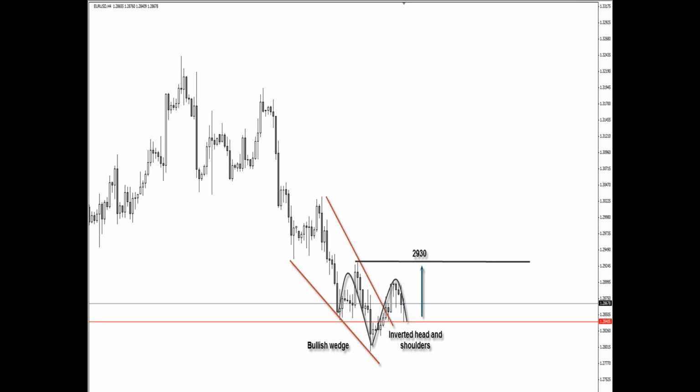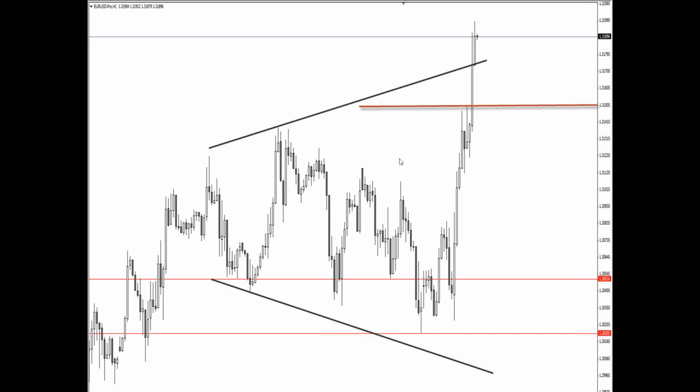We have a trend line, and after the break of that neckline, indeed it was a successful trade, the price went up to 29.30. So inverted head and shoulders are just the opposite of head and shoulders, and they are both traded on the break of the trend line. When the neckline is broken, we can trade it successfully.